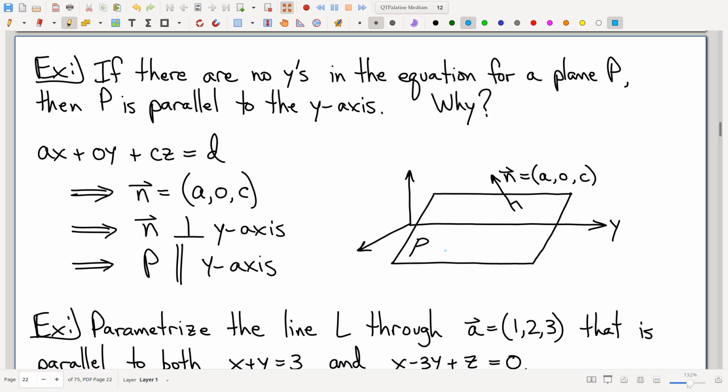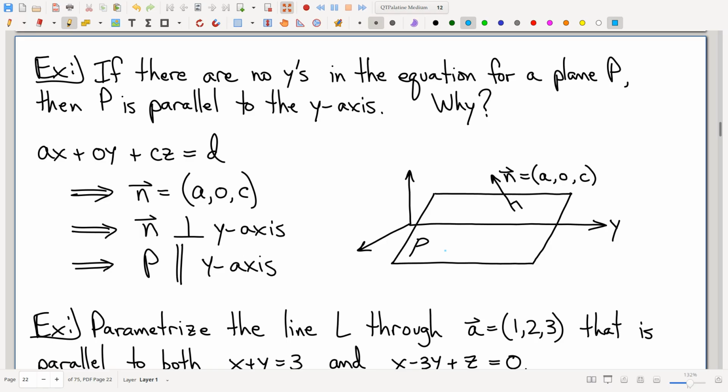Totally works. Right? There's nothing peculiar about the y-axis here. If there's no x's in your equation, that plane is parallel to the x-axis. State that, write it down, draw the picture, try to reproduce what that proof would look like. It's going to be a lot like this, just in a different direction. It's worth a try. Everybody good?